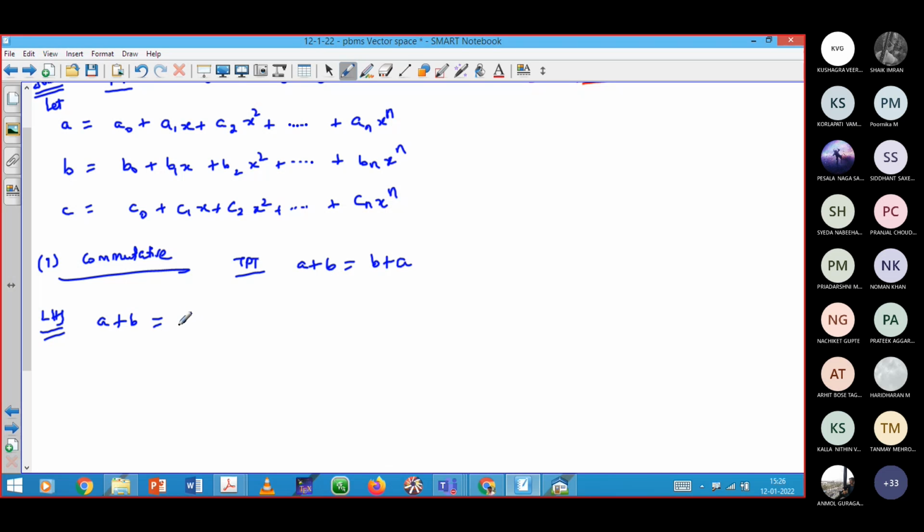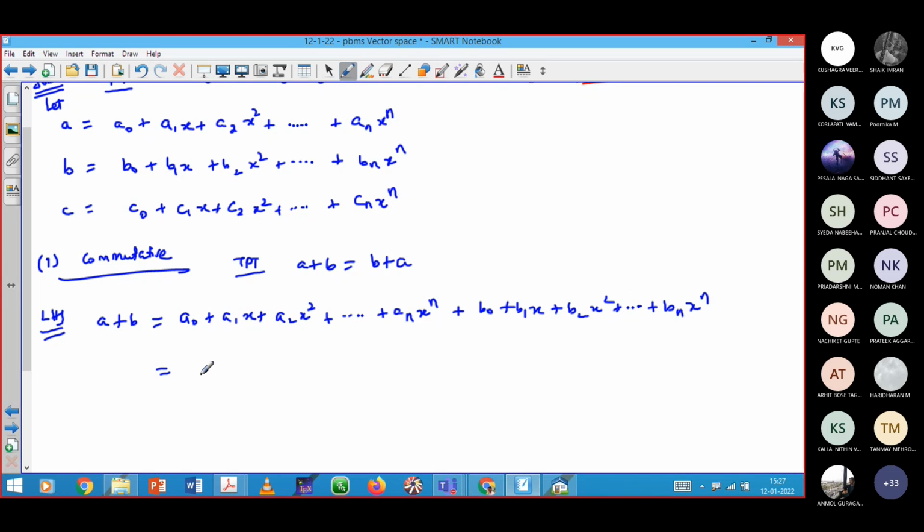Nothing complex here because it's quite easy. So A plus B equal to a0 plus a1x plus a2x squared up to anxn, plus b0 plus b1x plus b2x squared up to bnxn.